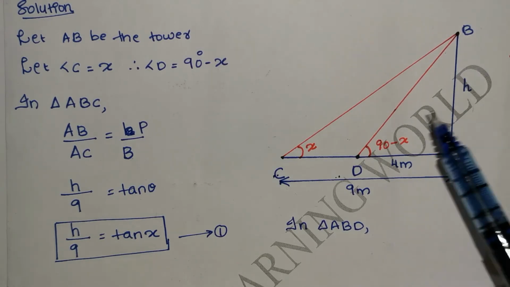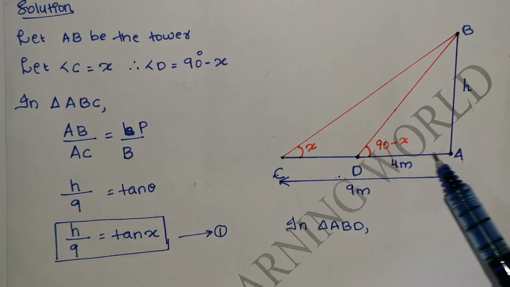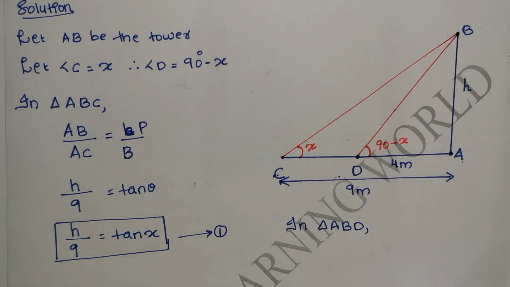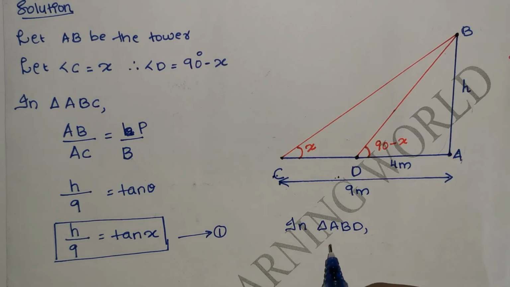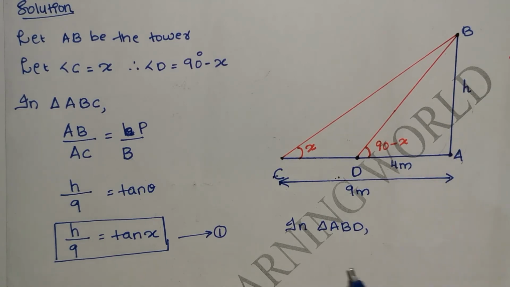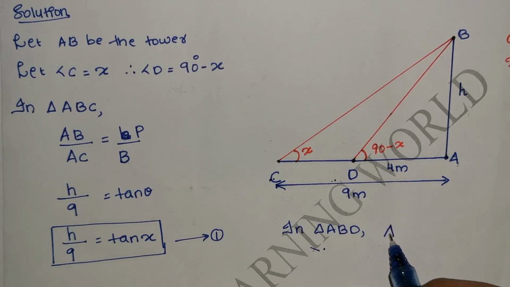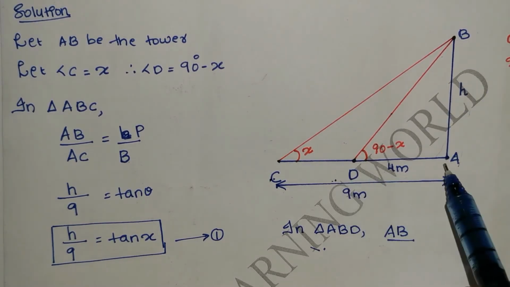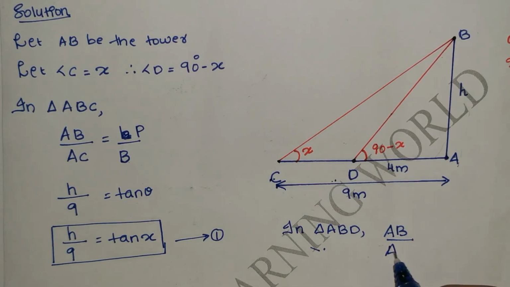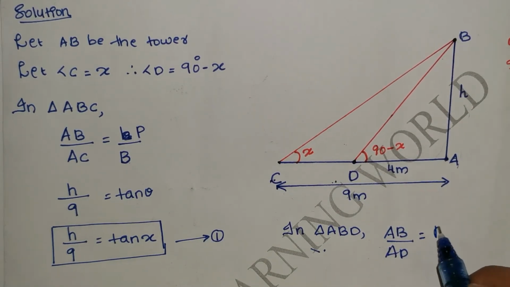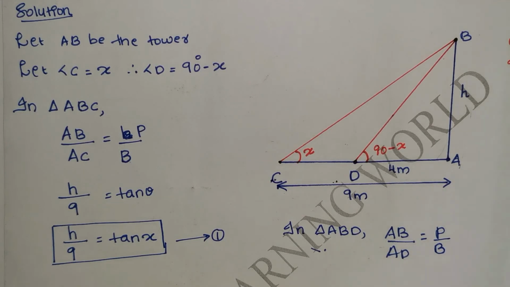So next we are taking the next triangle, triangle ABD. In triangle ABD I am starting with the perpendicular, so I am starting with AB. AB by AD is perpendicular by base, that is tan theta.